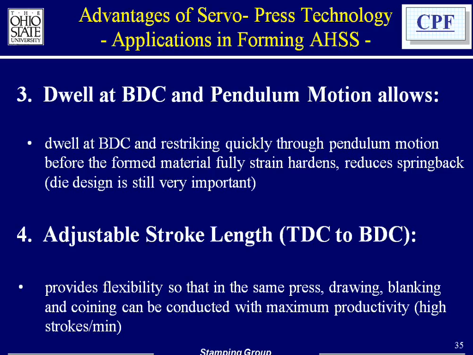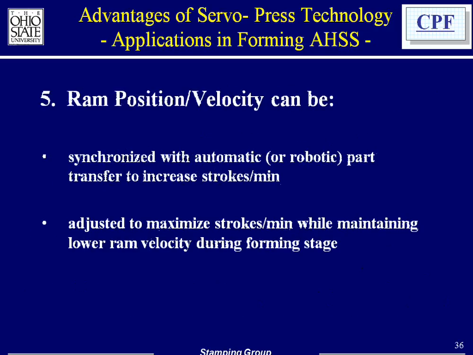There's some anecdotal information on this, but nobody knows exactly the details and the scientific explanation for this. Obviously, number 4, when you change the stroke length, that provides flexibility, and according to the part and dies, you can use the same press for drawing as well as for blanking, for example.